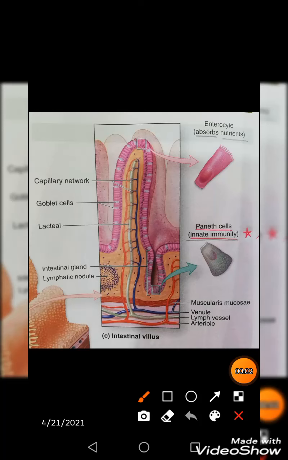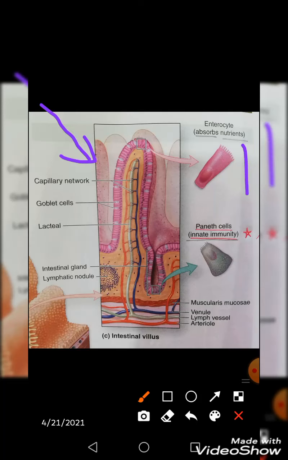Now we have to learn about the surface epithelium and all the cells present over it. As you know, the surface epithelium covers the whole of your mucosa and is lined with 5 types of cells. Number 1 are the enterocytes, which are the surface cells and are columnar in shape. The other variety of epithelium in the small intestine is goblet cells.